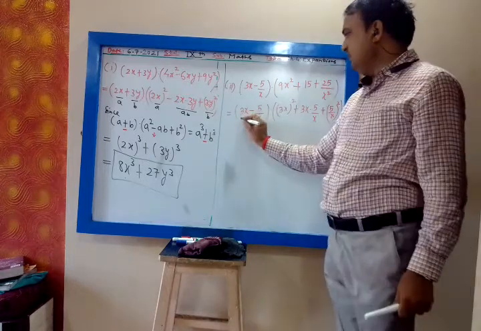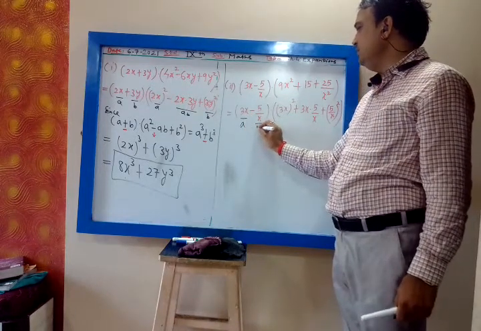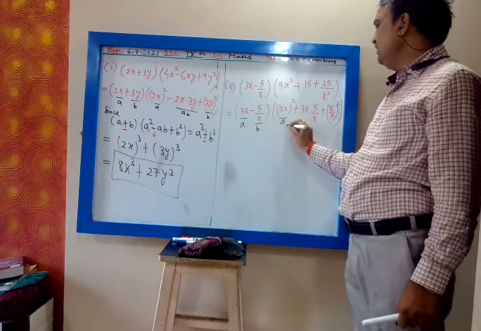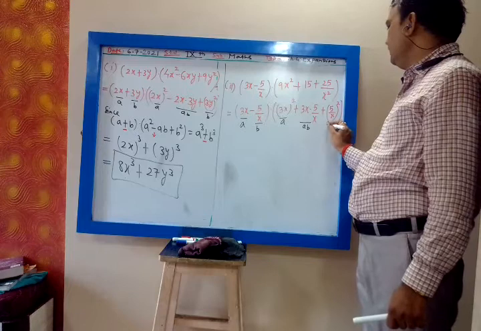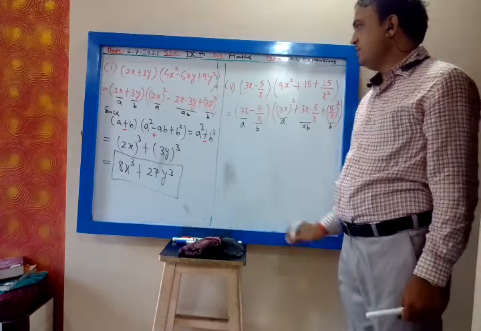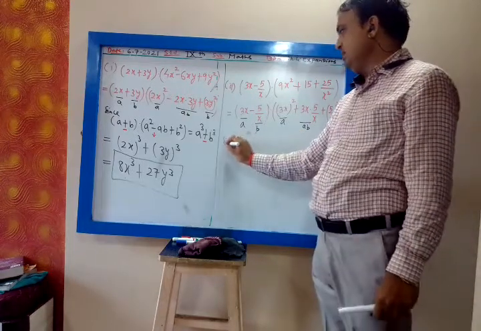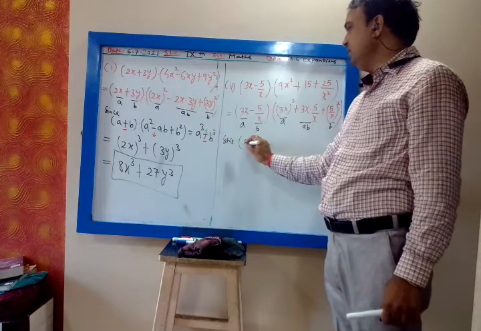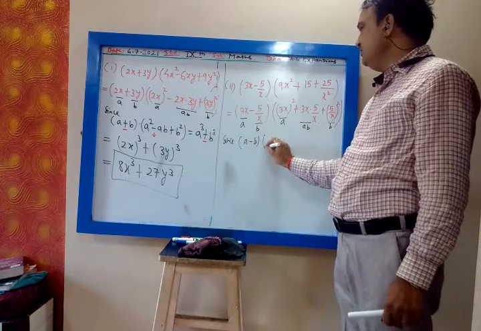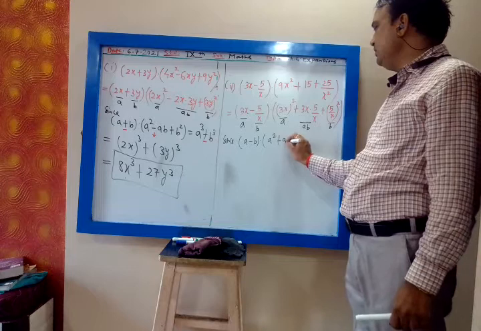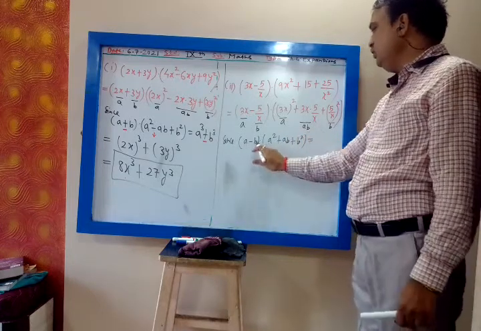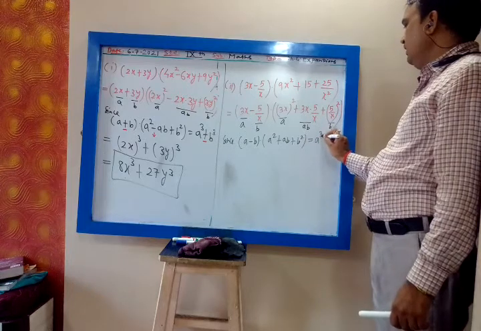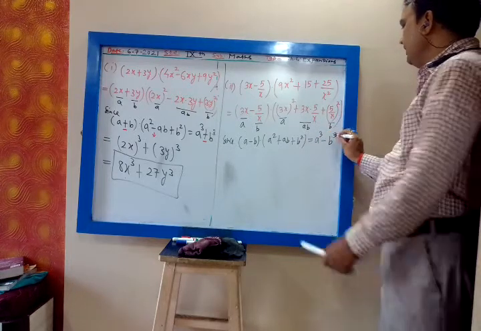So let us consider 3x as A, 5 upon x as B. This is A square, this is AB, and this is B square. So now we write, since (A minus B) into (A square plus AB plus B square) is A cube minus B cube. Remember this.